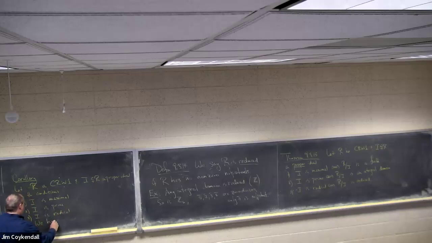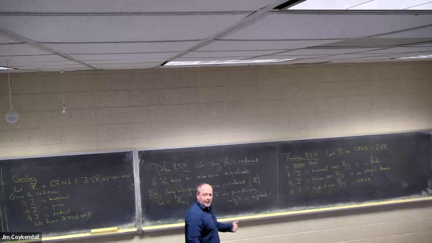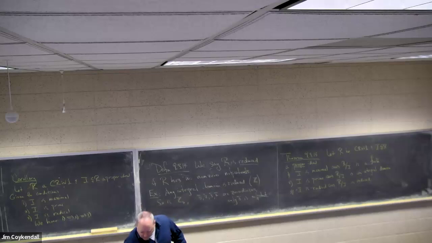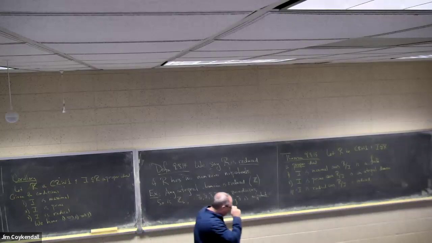We have 1 implies 2, and 2 implies 3. So in other words, any maximal ideal is prime, and any prime ideal is radical.